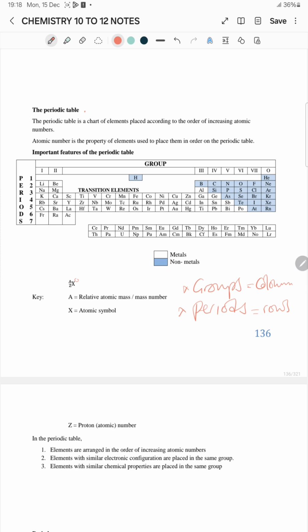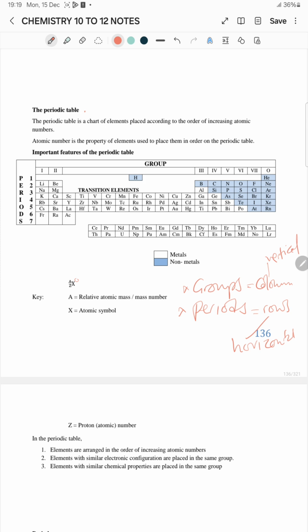Okay. So at least we know that a column is supposed to be vertical, and rows are supposed to be horizontal. At least that one we know. Okay, so now we come here.